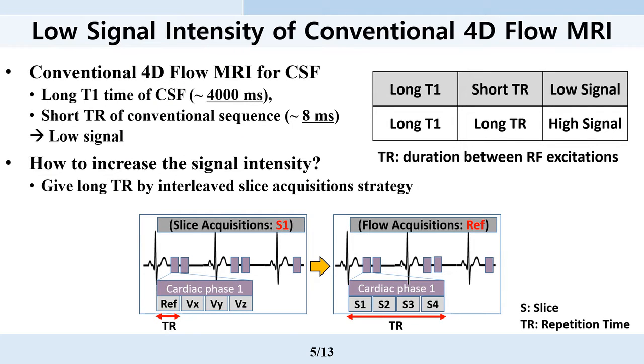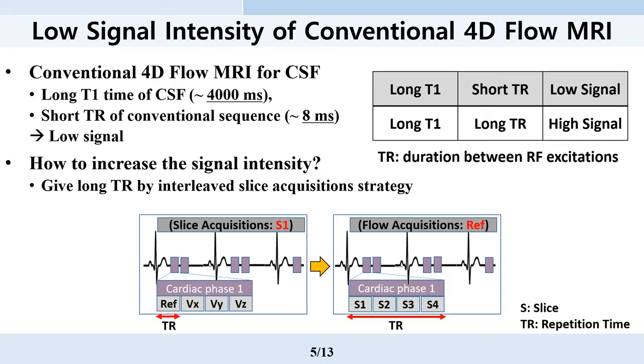4D flow MRI has been a promising technique for CSF flow dynamics, but due to its low signal intensity, the acquisition of a 4D flow MRI dataset is accompanied by low SNR and high velocity noise. The main reason for low signal when scanning with conventional 4D flow MRI is that CSF has a significantly long T1 relaxation time compared with the short repetition time of 4D flow MRI scans.